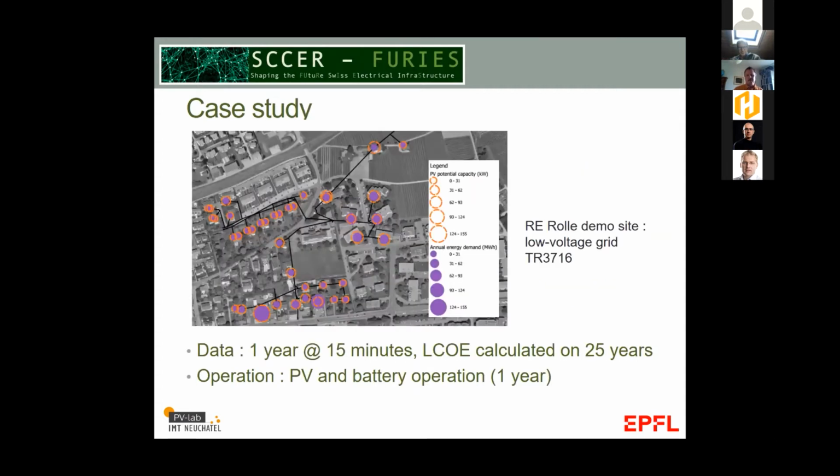So all this work was done using a case study, which is basically a low voltage grid in the Romande Energie grid in Rolle, where we were considering as data 1 year of loads with a 15 minute time step, and we were able to calculate for each of the buildings in this grid the levelized cost of electricity over a period of 25 years.